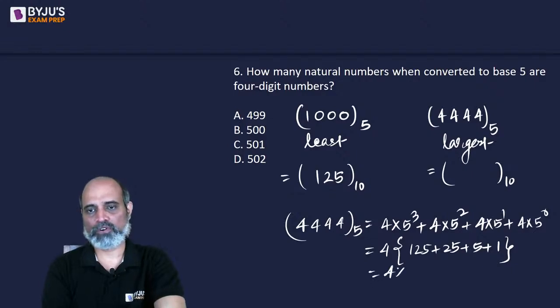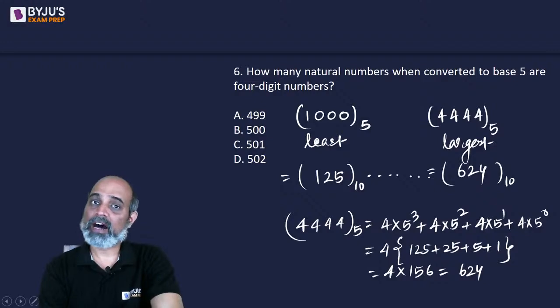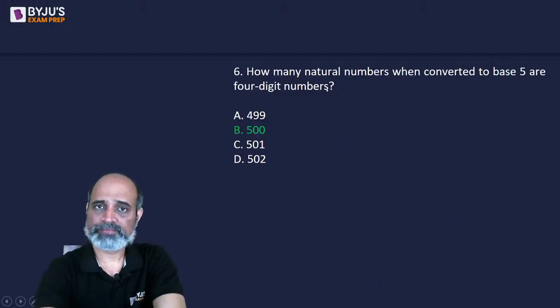So this is 4 into 156, which is going to be 624. So all the numbers from 125 to 624, when converted to base 5, result in a 4-digit number. So 125 to 624, these are a total of 500 numbers, right?